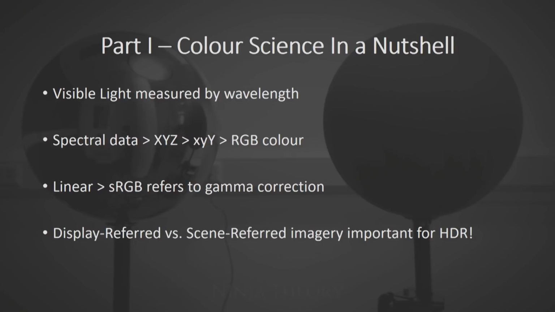From there, we can make sRGB, DCI-P3, and the other color spaces. The other thing that was really important was this idea of linear to sRGB referring to gamma correction and not confusing that with the sRGB color space. And the other thing that I touched on was display referred and scene referred imagery. There are 2 different imaging states that I think is really useful for us as artists to be familiar with.